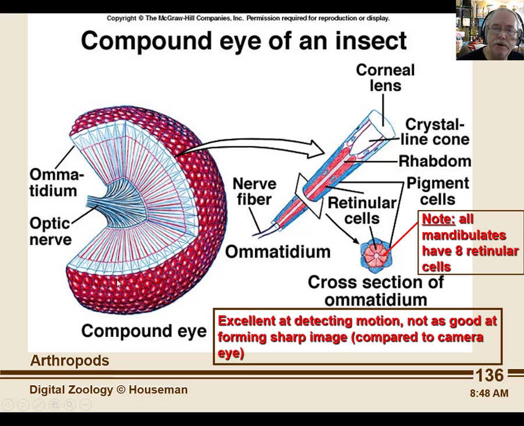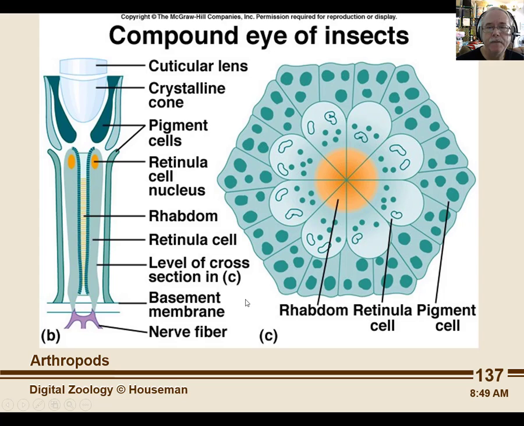Much better than we would if we were flying at that size through the air with our image-forming eye. Here's another image of the individual ommatidium with the lens and crystalline cone, focusing light down onto these retinular cells, which in cross-section here you can count: 1, 2, 3, 4, 5, 6, 7, 8 retinular cells.